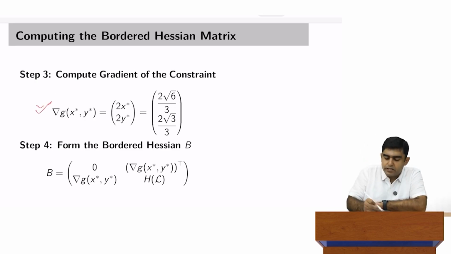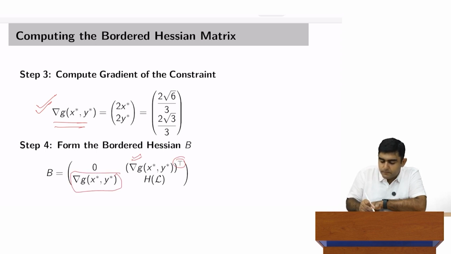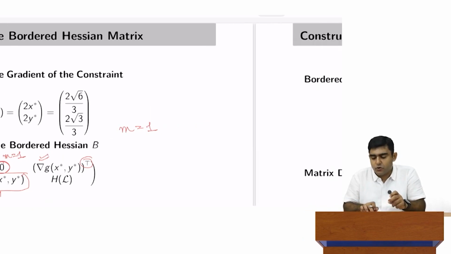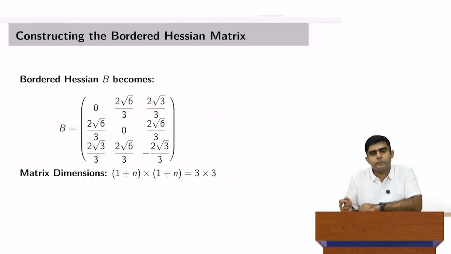Initially we did calculate root g x y and multiplied it with d, but here what we will do, we will calculate this gradient vector of g, take its transpose and fit it here. Without transpose, fit it in the lower part of the bordered Hessian, and since we only have one constraint in this case, we would have only 1 0 to pad this matrix, and the resultant matrix that we get is called as the bordered Hessian matrix.